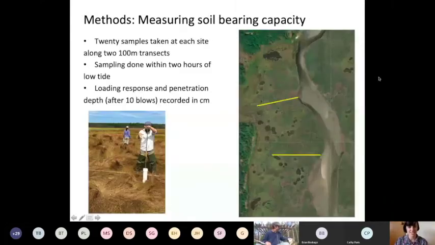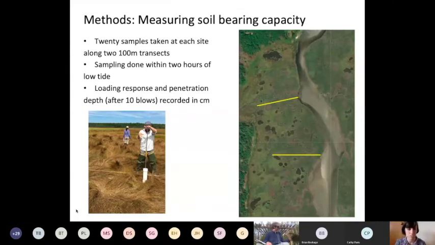And I did this along 2 transects at each site, placing these transects in areas representative of the marsh's vegetation from tidal creek to upland, and then taking 2 measures of bearing capacity at each 10-meter interval. First, I measured loading response, which was simply placing the penetrometer on the surface of the marsh for 5 seconds, and then seeing how far it sank into the peat.